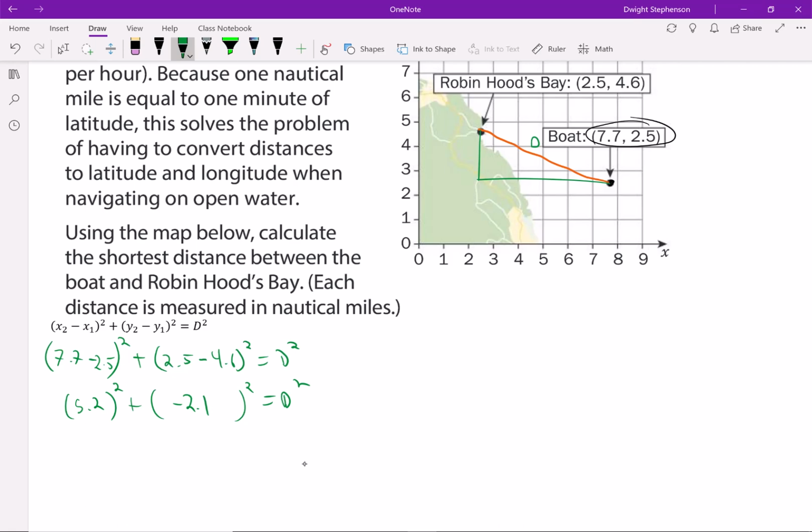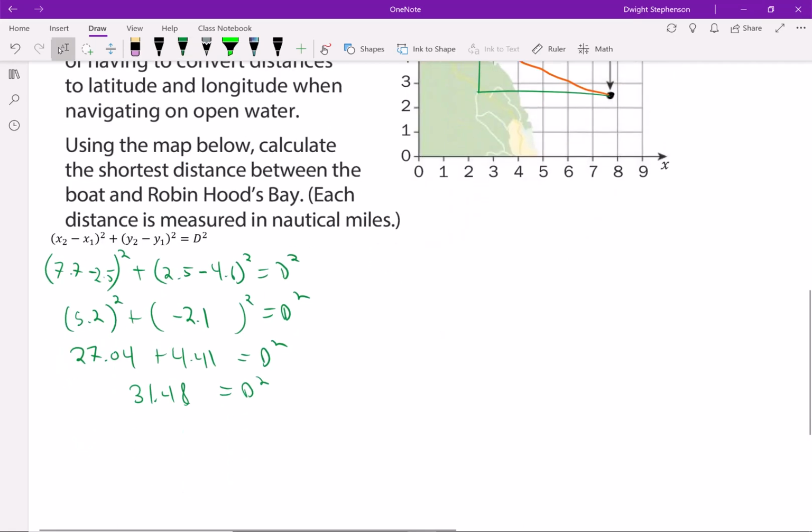Then we square these, right? 5.2 squared is 27.04. Negative 2.1 squared is 4.41, and that's equal to d squared. If you add these two together, you get 31.45. And then you take the square root of both sides, right? Also keep in mind, usually when we do square roots, you have a plus and a minus, but we're talking about distance, so you cannot have a negative distance.